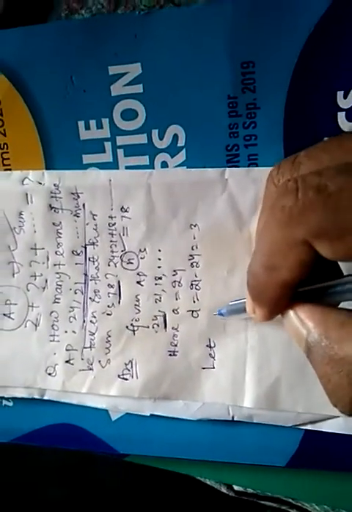So that's why we have to consider, let n terms be taken to obtain sum 78. So this statement, how can we write mathematically?